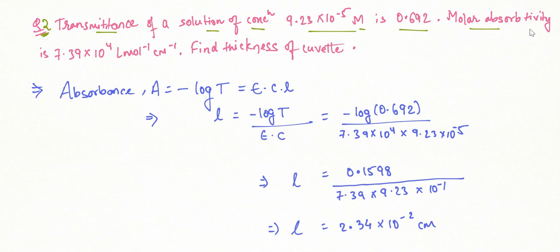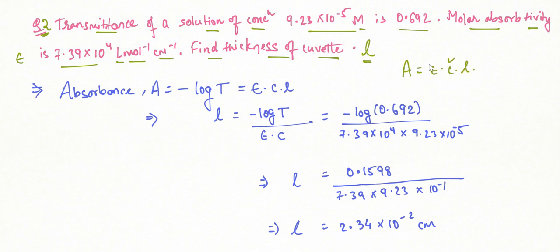Then the molar absorptivity is this much, so epsilon is also given, in liter per mole per centimeter. So what we have to do is find the thickness of the cuvette, which means we have to find the length. As we all know, whenever epsilon and concentration are given, we can just put them into the formula, which is A is equal to epsilon into C into L.